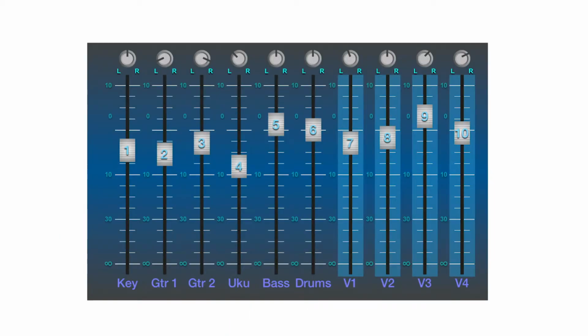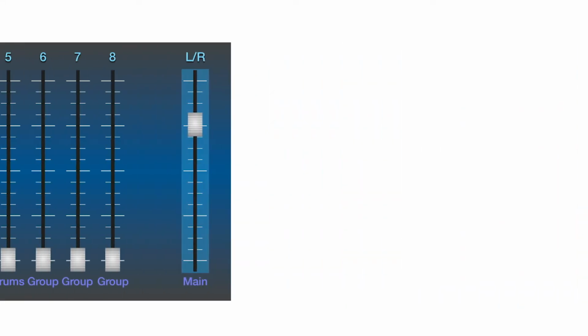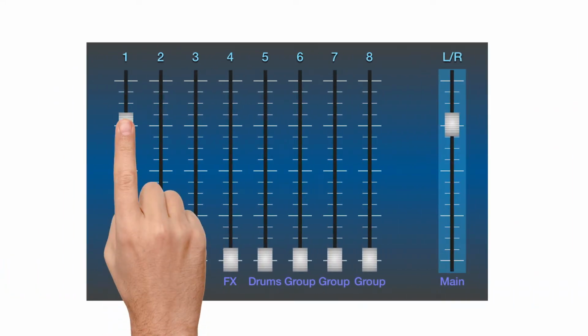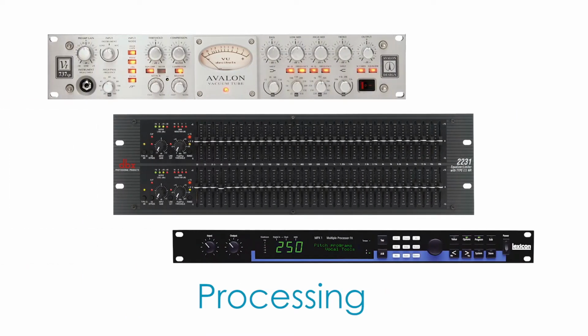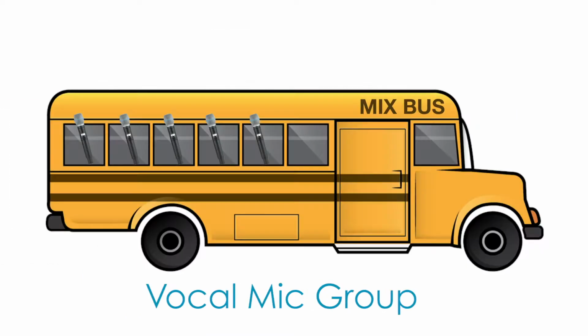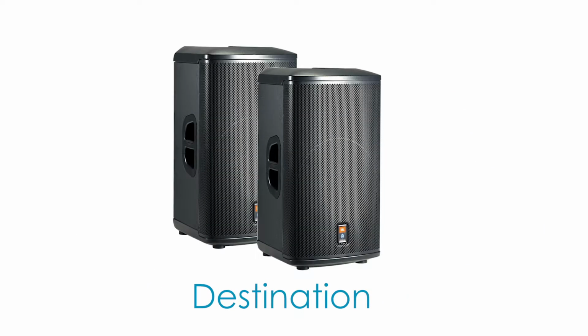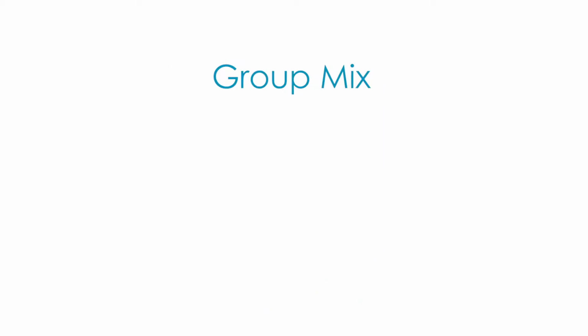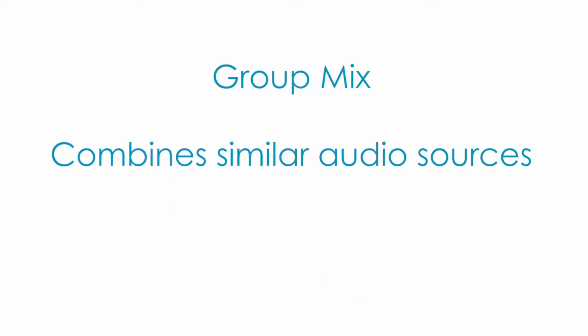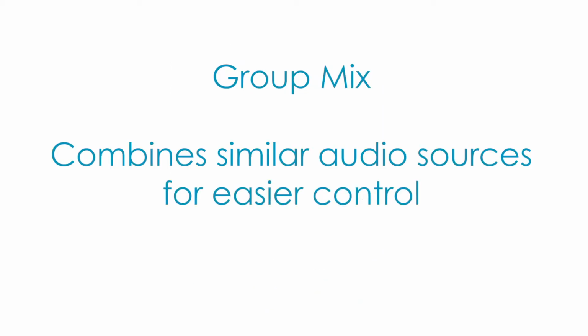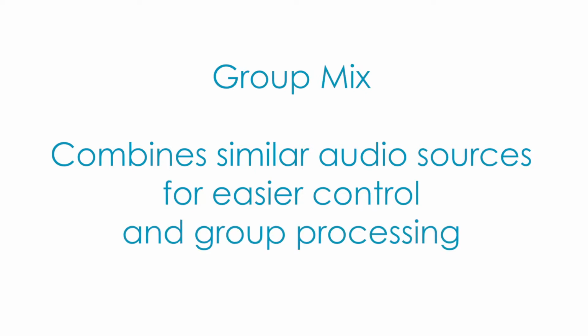Combining similar sources makes it easier to control their volume levels with a single fader. Signal processing can be applied to the entire group as well. Then, the group can be routed on a second bus to the final destination. To summarize, a group mix combines similar audio sources for easier control and processing.